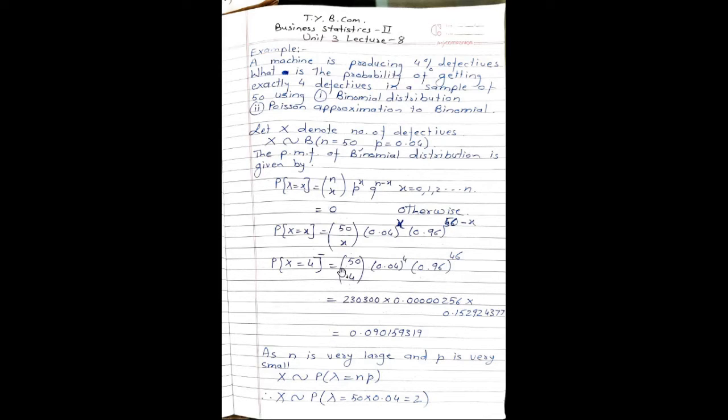So the calculations are 2,30,300 into 0.0000256 into 0.152924377. So the product becomes 0.0901593.